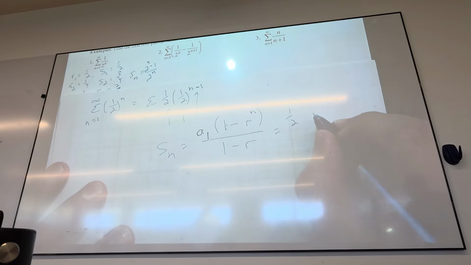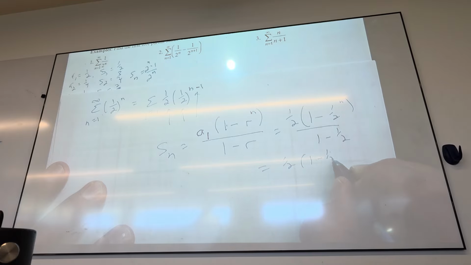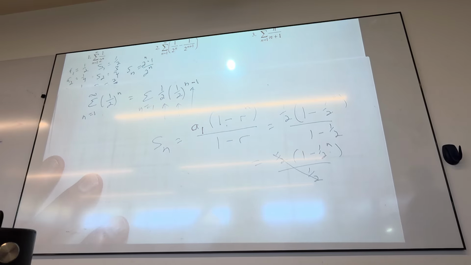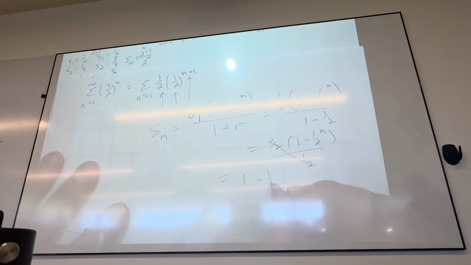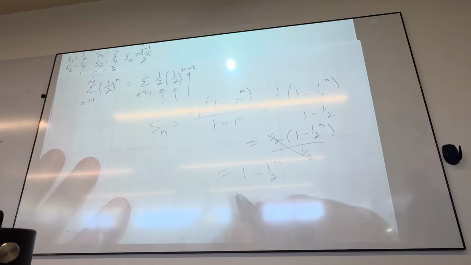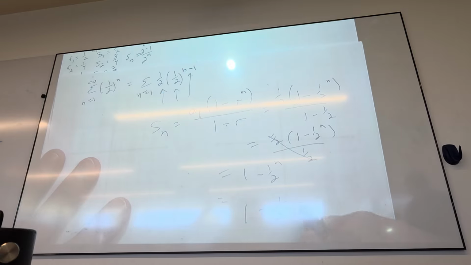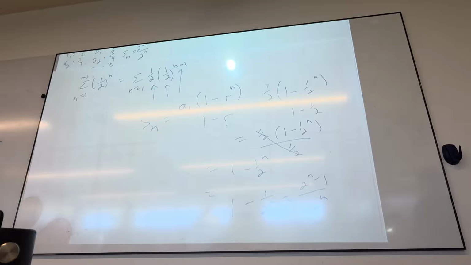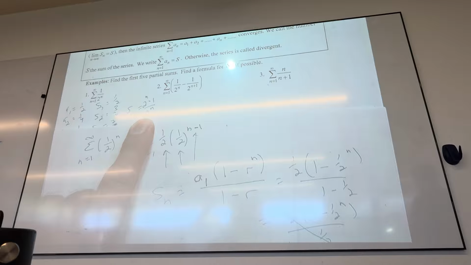A1 was 1/2. R is 1/2. So I get 1/2 times 1 minus 1/2 to the N, over 1/2. The 1/2s cancel. I get 1 minus 1/2 to the N, which is 1 minus 1 over 2 to the N, which is 2 to the N minus 1 over 2 to the N, making LCDs, which is the same thing we got up here.